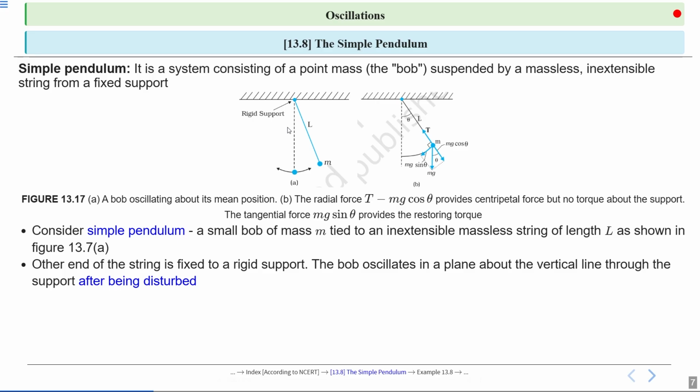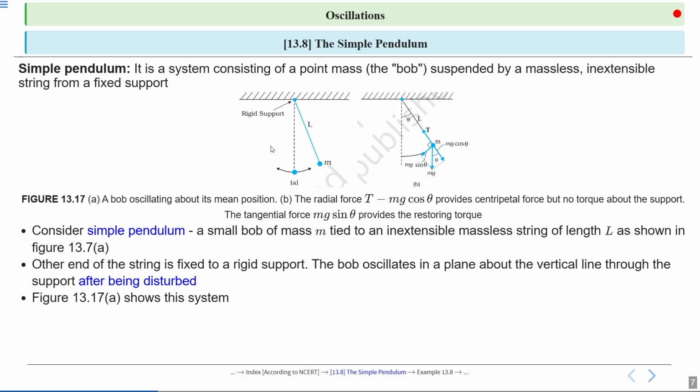When we pull the bob to one side and let it go, it oscillates back and forth around the vertical line. This motion happens because the pendulum is disturbed from its resting or equilibrium position.